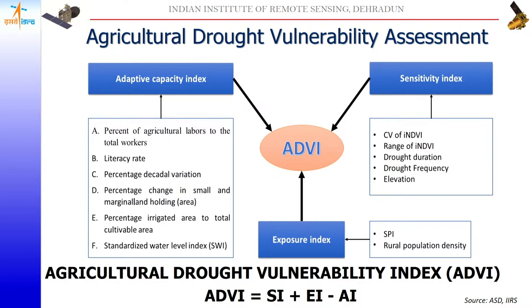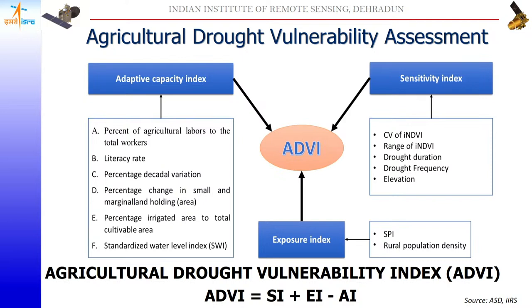Here we are using more than 15 years of NDVI data sets, and based on them we compute the coefficient of variation of integrated NDVI and range of integrated NDVI, the duration, frequency, and elevation. We normalize these data sets, integrate them based on their weightage, and generate the sensitivity index.